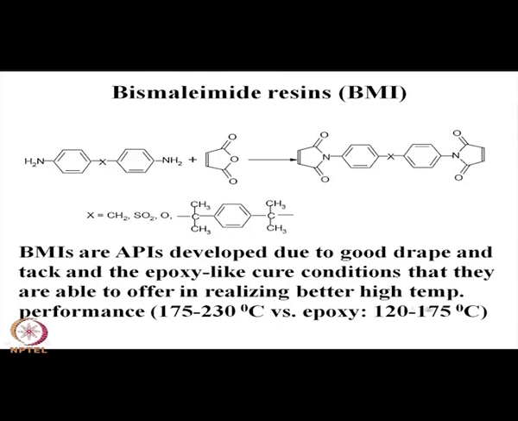So, if somebody wants to use a composite beyond 175 degree Celsius temperature, epoxy composite will not be suitable. In that case, one has to use this type of bis-maleimide resin composite or polyimide or the other addition polyimide composites, which can stand beyond 175 degree Celsius temperature for a prolonged exposure.